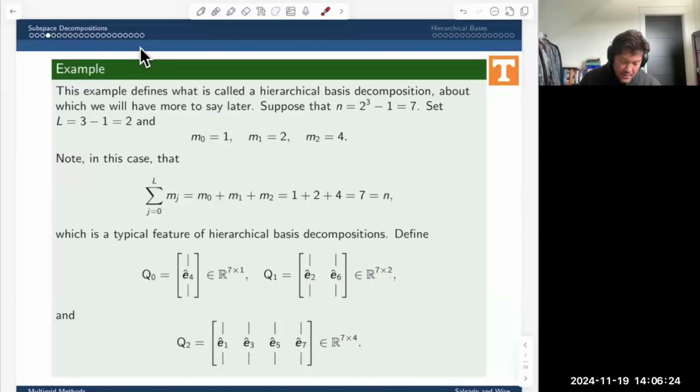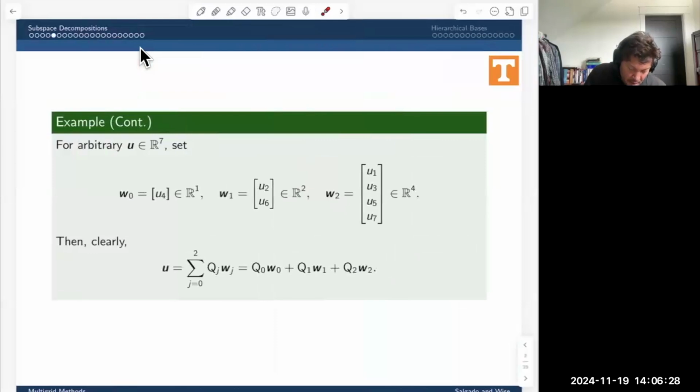How do I choose the W vectors given some arbitrary U? All right, so I'm going to take an arbitrary U, and for W0, I'm going to take U4. For W1, I'm going to take U2 and U6. And for W2, I'm going to take U1, U3, U5, and U7.